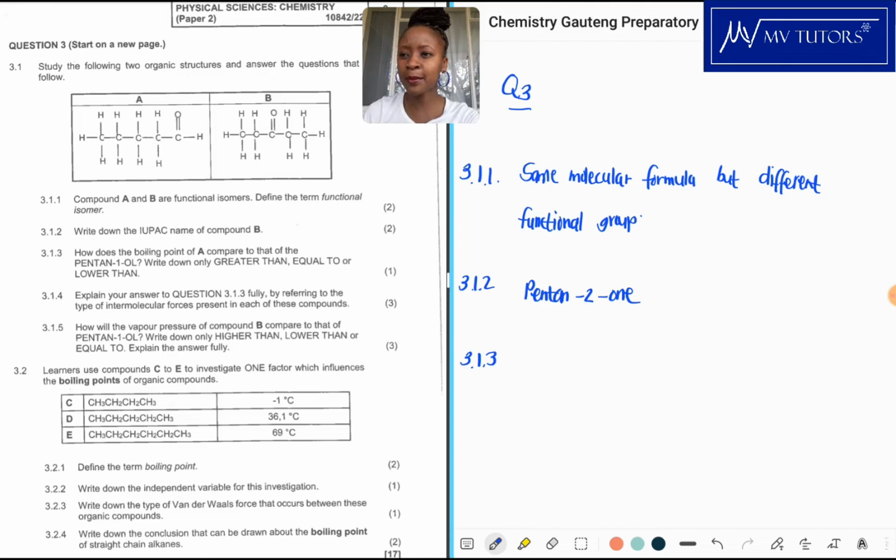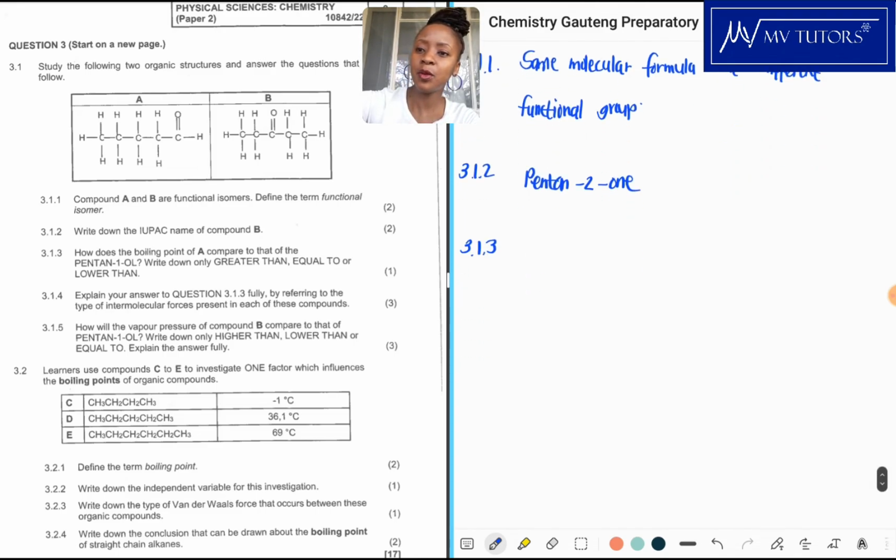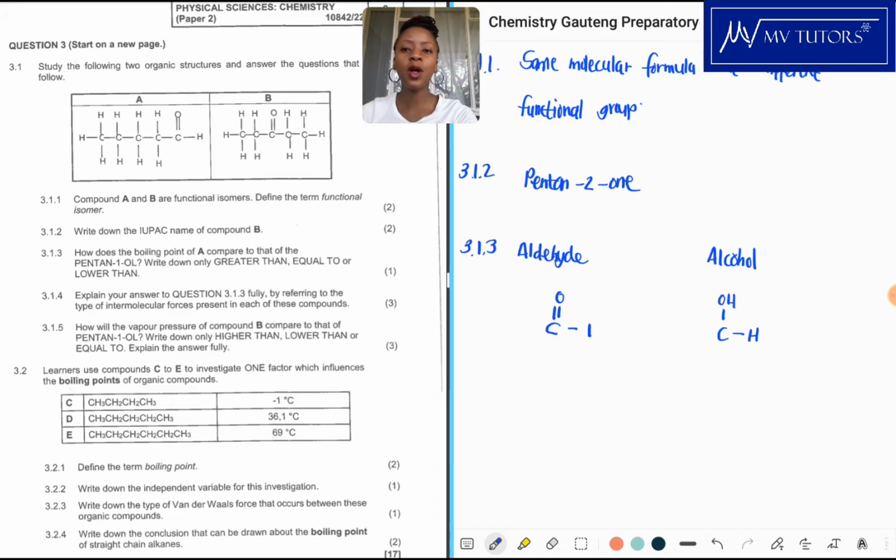Now it says, how does the boiling point of A compare to that of pentan-1-ol? Remember, A is an aldehyde, and the alcohol would have an OH group at the end. Aldehydes have weaker intermolecular forces compared to alcohols. So the alcohol will have a higher boiling point.